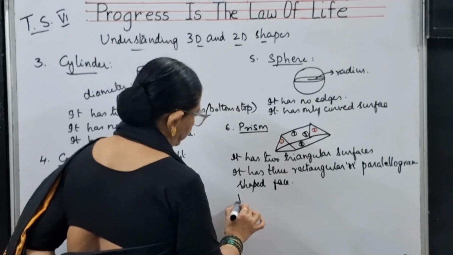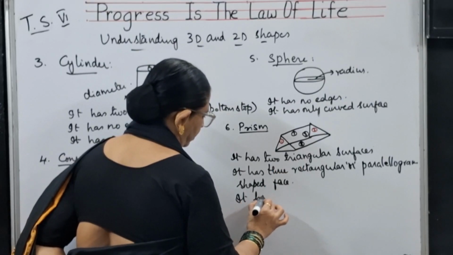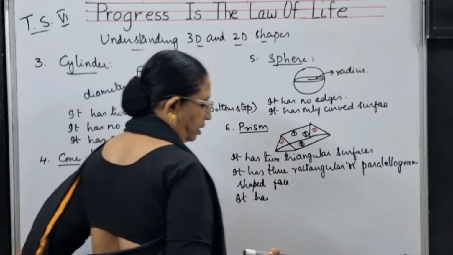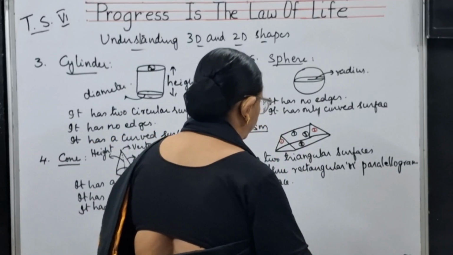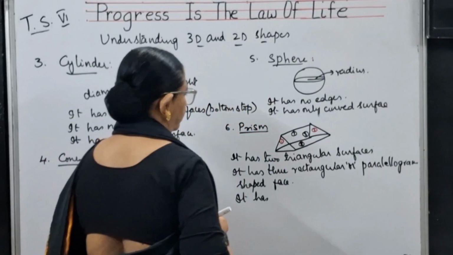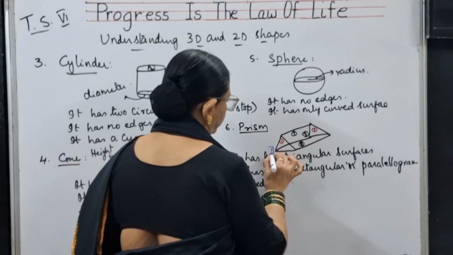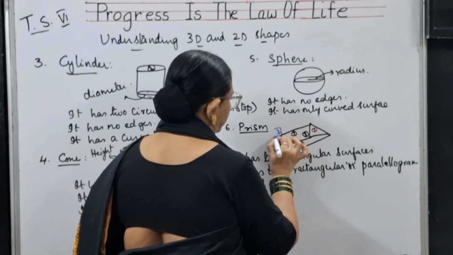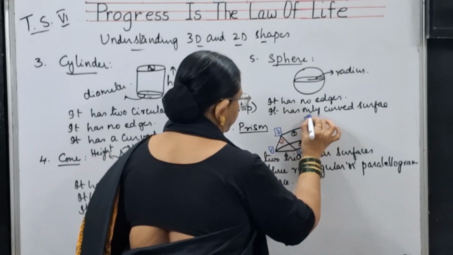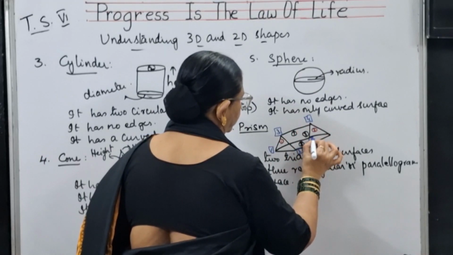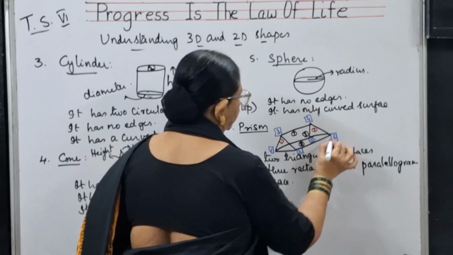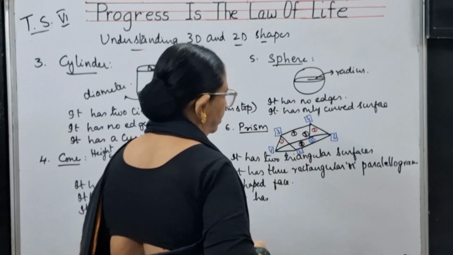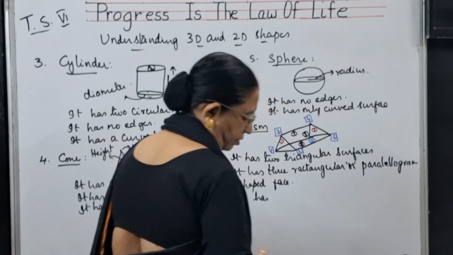And how many vertices does it have? I can write the vertices here. This is 1, 2, 3, 4, 5, 6. It has 6 vertices.